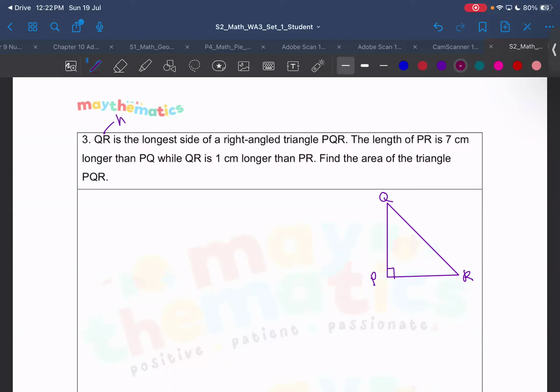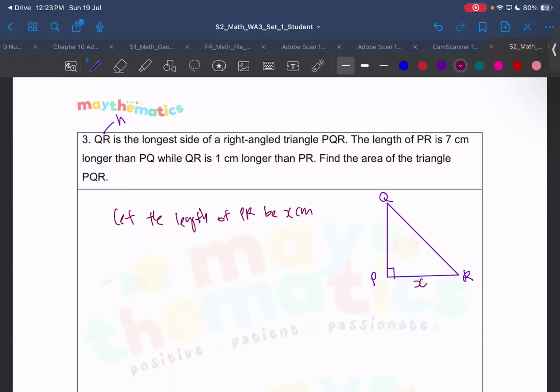Okay, so first, we don't know any actual length, correct? So what would you do, Caitlin? Right now I only know the comparison. I don't know the length. So how can I introduce? Yeah, I can introduce X. Every time you introduce an algebra, please define it. Let the length of PR be X cm.